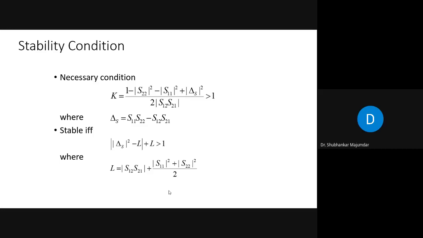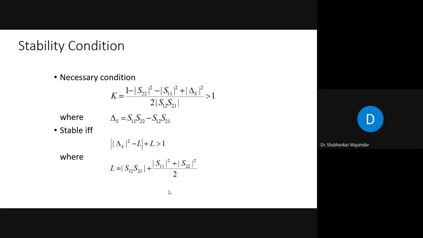Means whenever we are designing anything, we have to see every aspect. Now the other aspect is how to make a system design stable. To make a circuit stable, you have to add some other circuits.